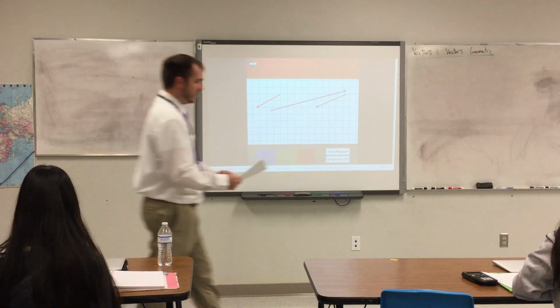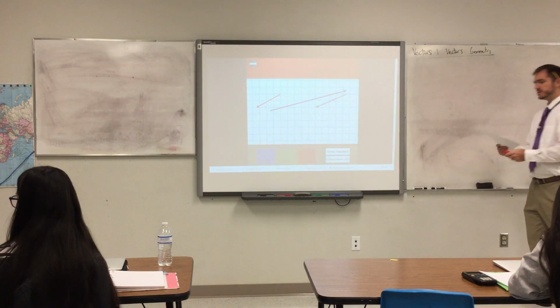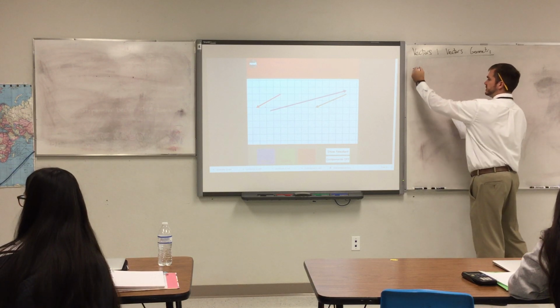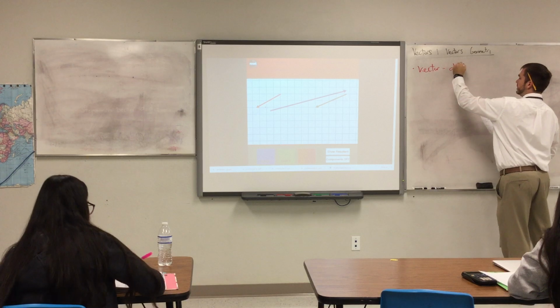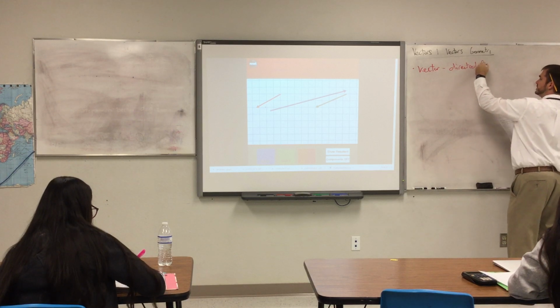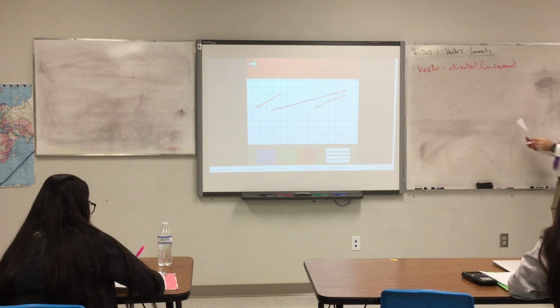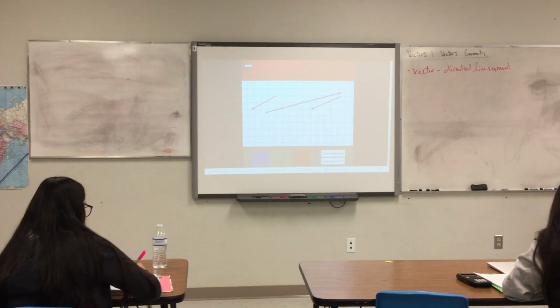All right, class. We got a lot of writing, a lot of stuff we're gonna be doing here. So let's get going. So, what is a vector? A vector is a directed line segment. And a vector has 2 pieces of information.